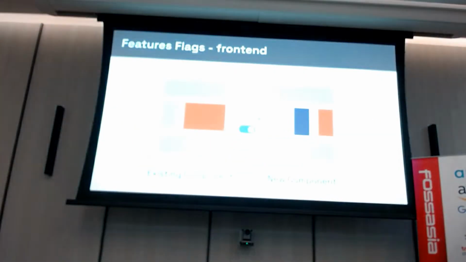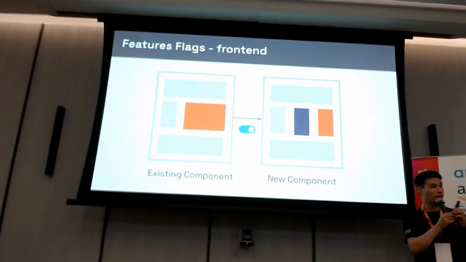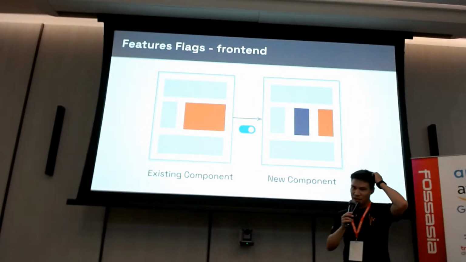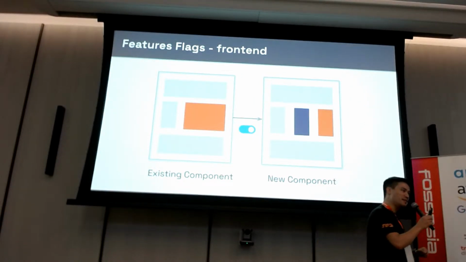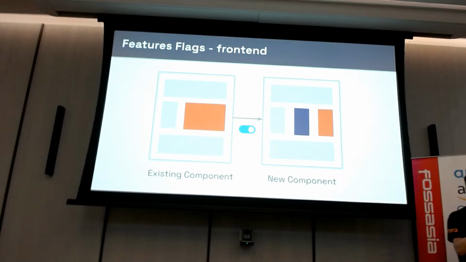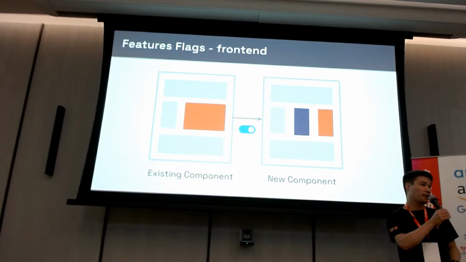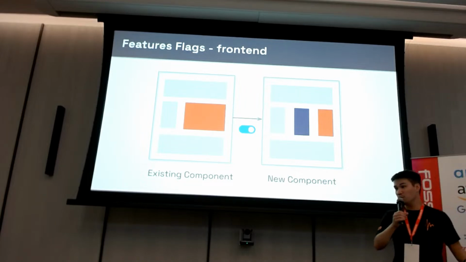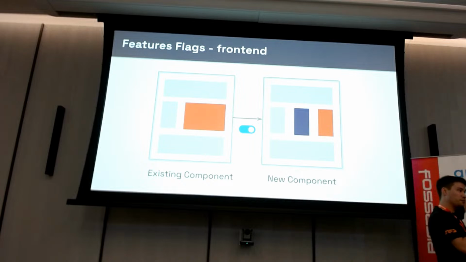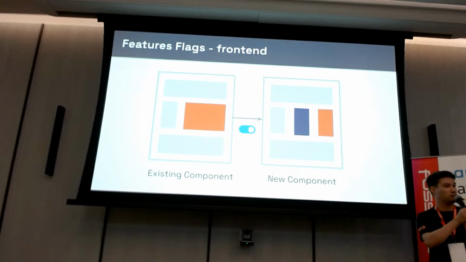The way it works is, let's imagine I am a front-end developer. For some reason, I'm working with a backend colleague and he's a little bit slow to finalize the API. I have finished my components. This is the blue component, but I don't want to wait for him to be ready. So instead, I'm going to wrap my code in a Boolean, a feature flag, and I will just push everything to production, right?